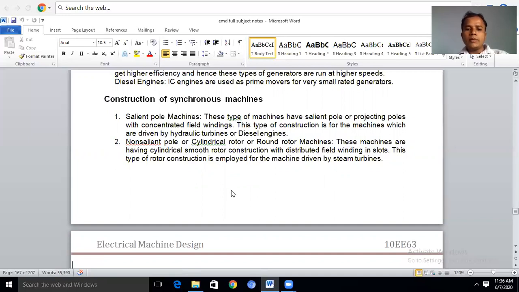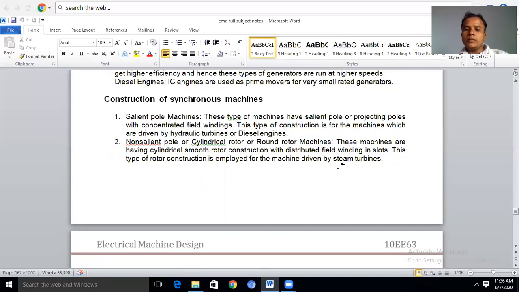slots. This type of rotor construction is employed for machines driven by steam turbines, meaning in thermal power plants or some nuclear power plants, where we heat the water to a high temperature so we can get a huge amount of steam.